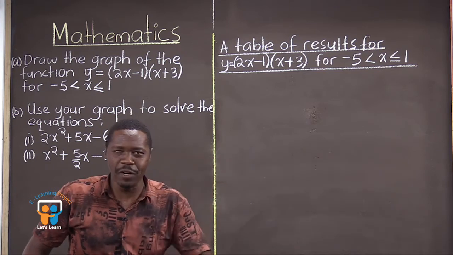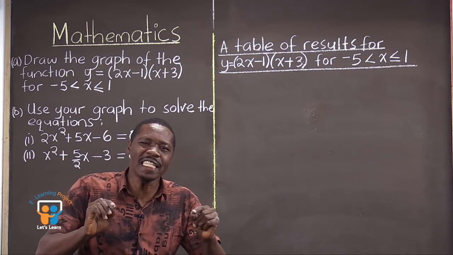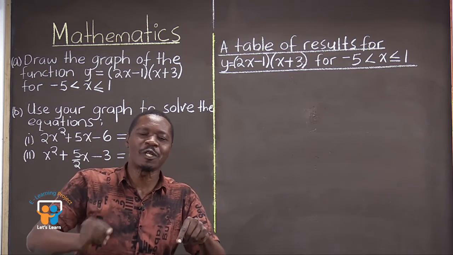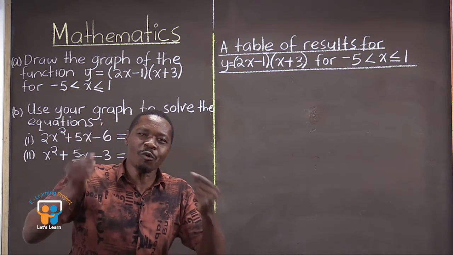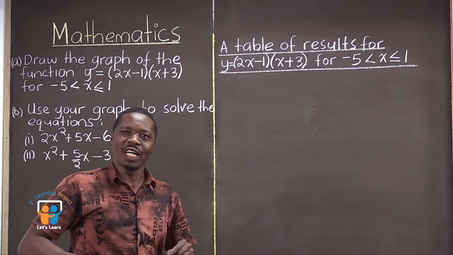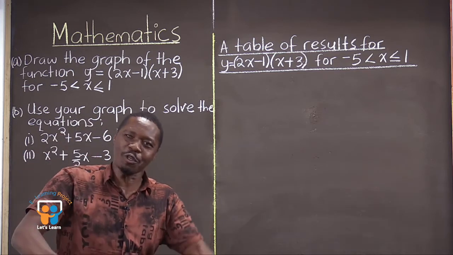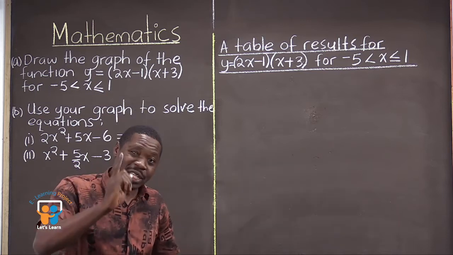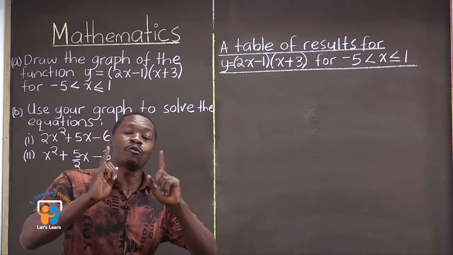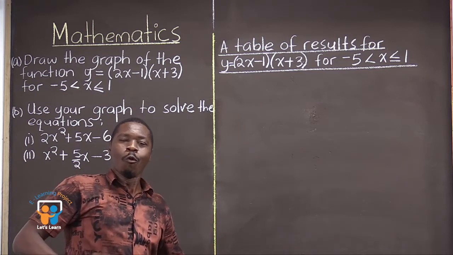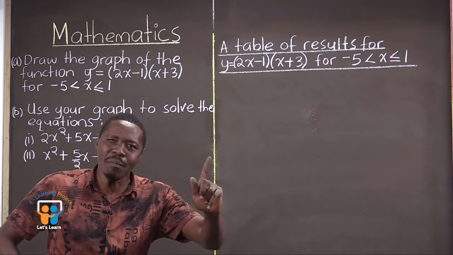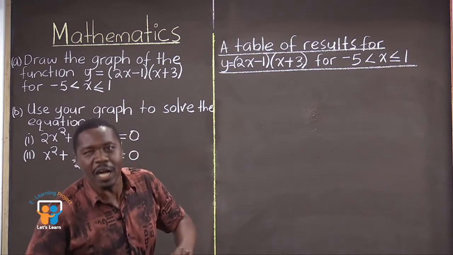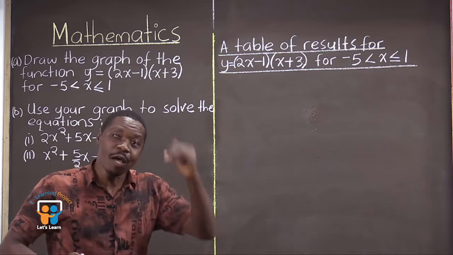We need a table of values, which is going to give us the coordinates we are going to use to plot our graph, which we call a quadratic graph, and which we are supposed to use to solve the equations that have been given to us by the examiner. But we said a graph is supposed to be a smooth curve, which must have either a maximum value or a minimum value, which we call a turning point.